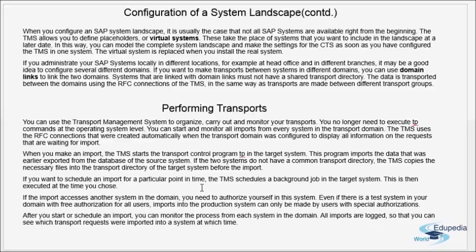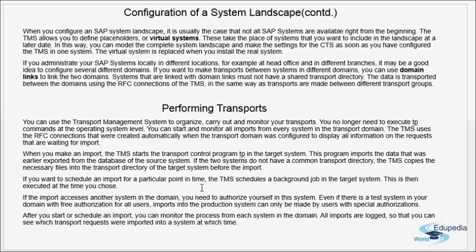If the import accesses another system in the domain, you need to authorize yourself in this system. Even if there is a test system in your domain with free authorization for all users, imports into production systems can be made only by users with special authorizations. After you start or schedule an import, you can monitor the process from each system in the domain.